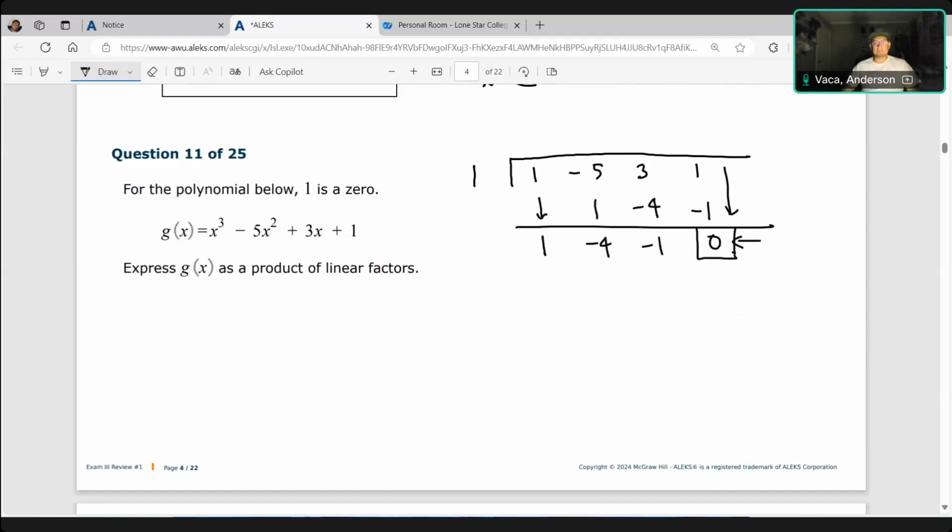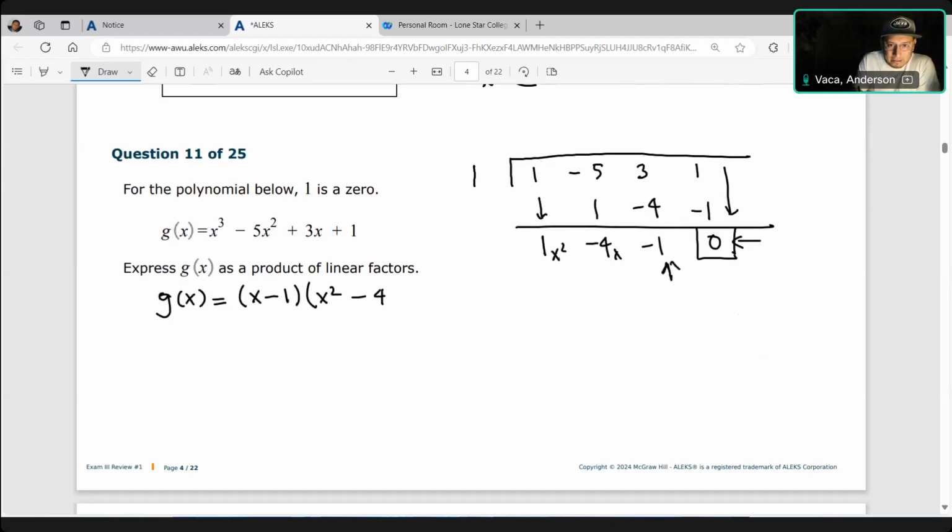That means that so far g of x could be expressed in the following form: x minus 1 times a quadratic, x squared minus 4x minus 1. But this is not linear, so we need to try to factor this.